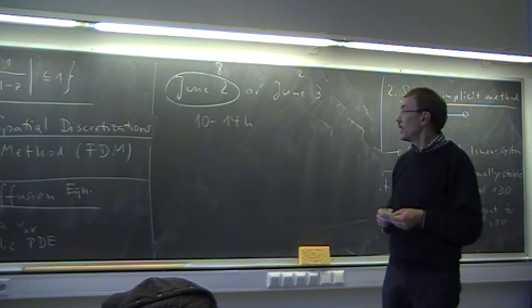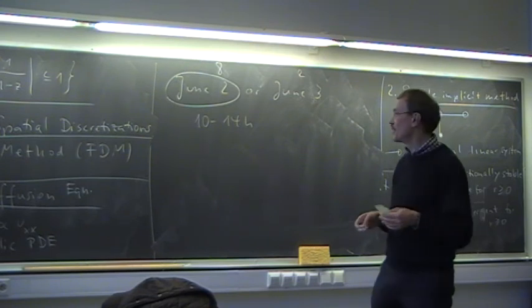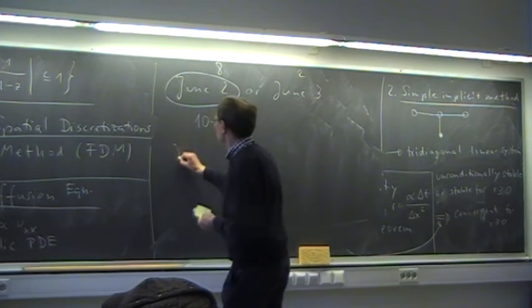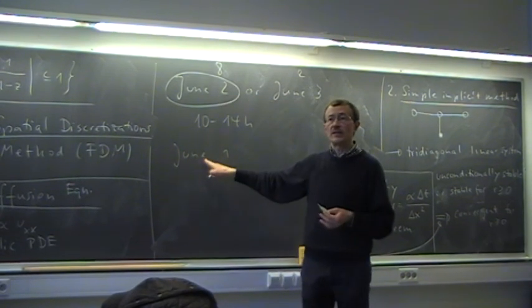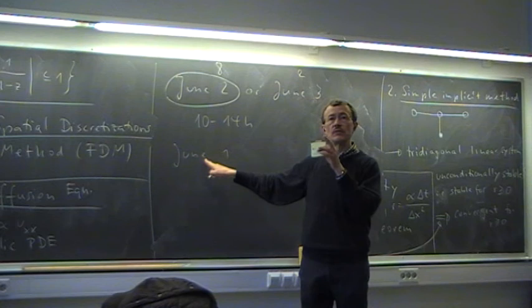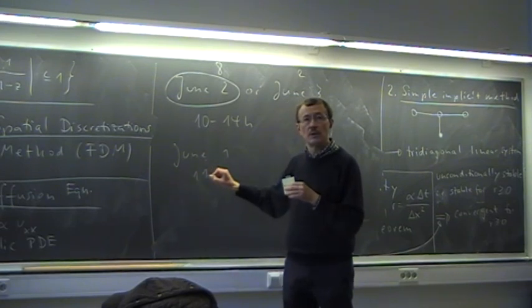So then let me add June 1. So we repeat the questioning. So June 1. For whom is that date suitable? Let's see. 1, 2, 3, 4, 5, 6, 7, 8, 9, 10, 11. Okay, that seems to be the majority.